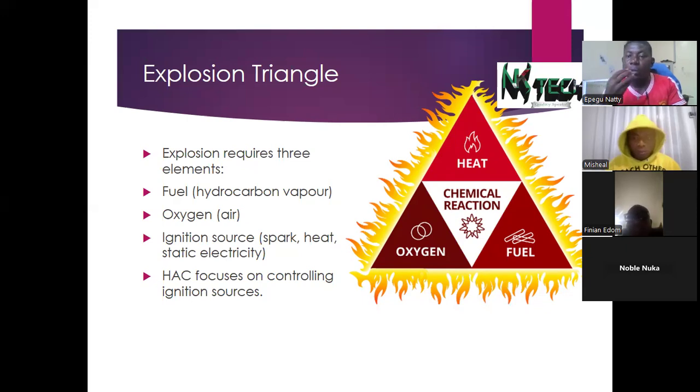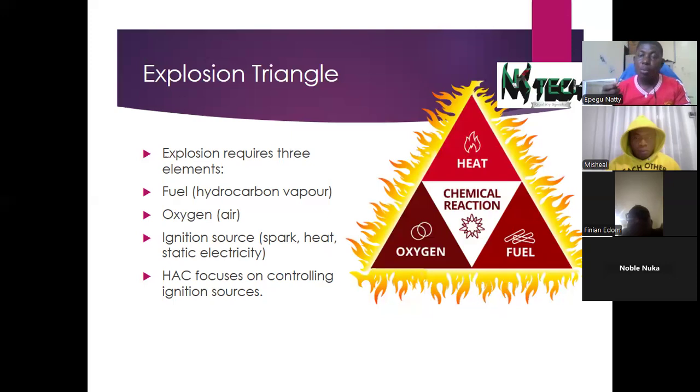For this triangle to be complete, for fire to occur, we need oxygen, we need fuel, and we need heat. We know that oxygen is always available. And the fuel now is the spill. If there's a spill, if there's a leak, that's the fuel. So the next thing is your heat. What is your heat source?